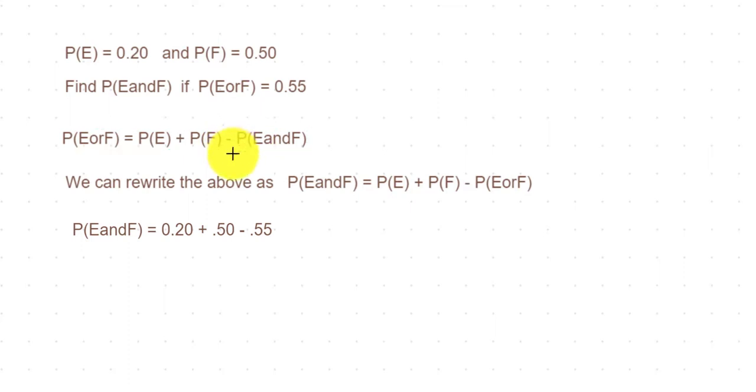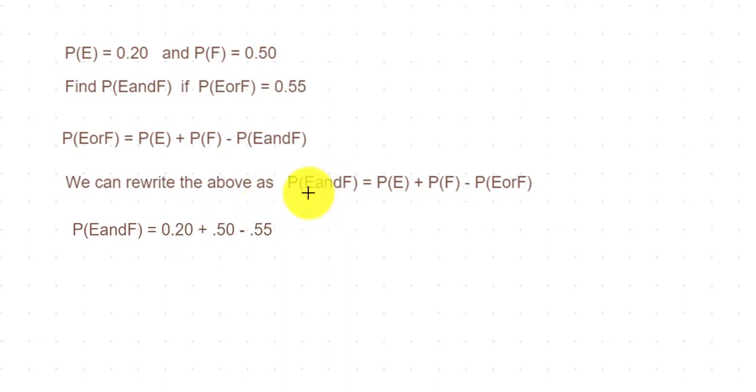If I want to get rid of this negative sign, I have to move this piece to the other side of the equal sign. And to get rid of this E or F, I have to subtract it from both sides of the equal sign. So that's why you see a negative P of E or F. And this now becomes positive. I just switched both expressions to the opposite sides of the equal sign.